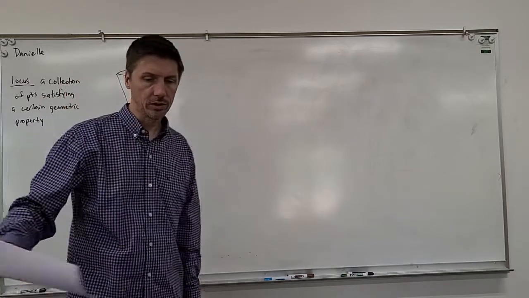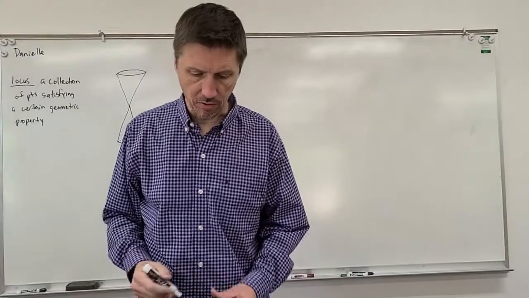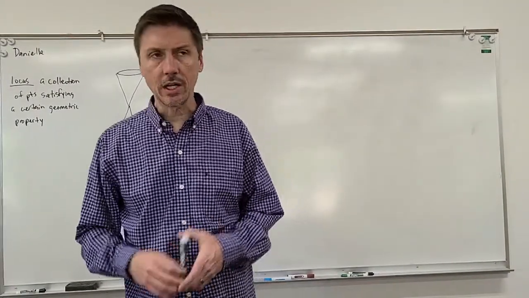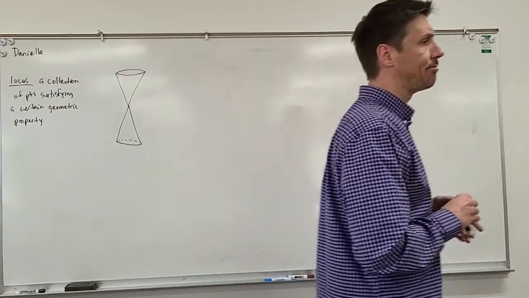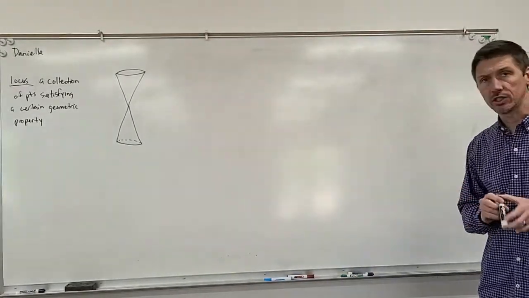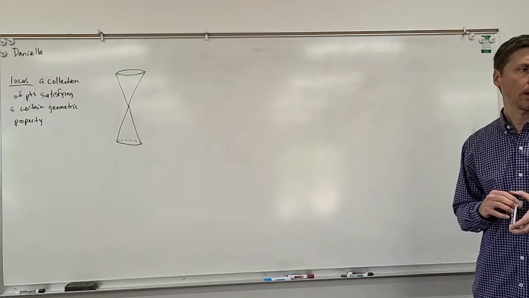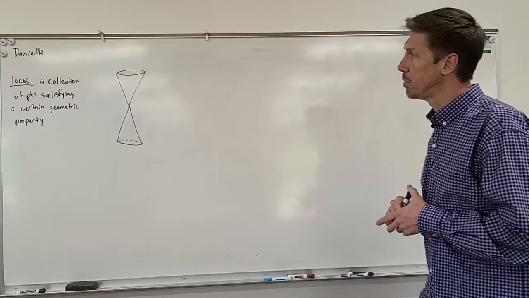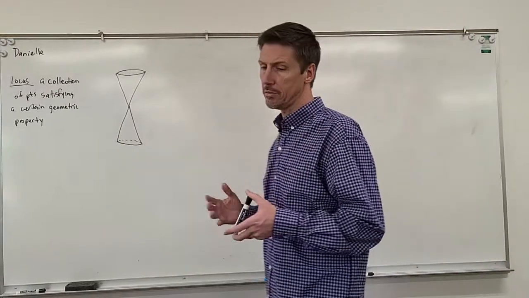Really the term locus is just another term for collection. That's how we're going to define each of these shapes, a circle and a parabola and an ellipse. We're going to define them as a collection of points satisfying a certain geometric property.